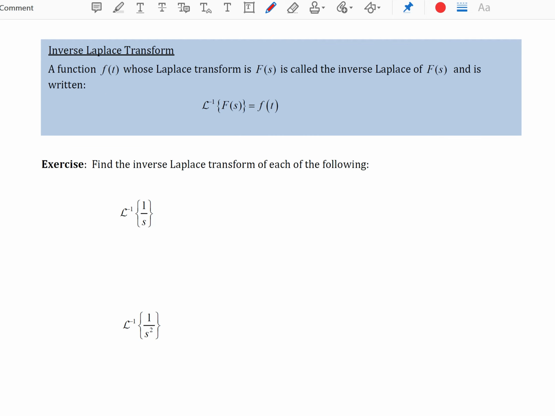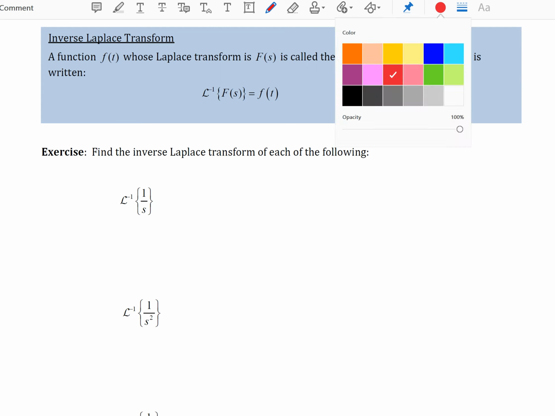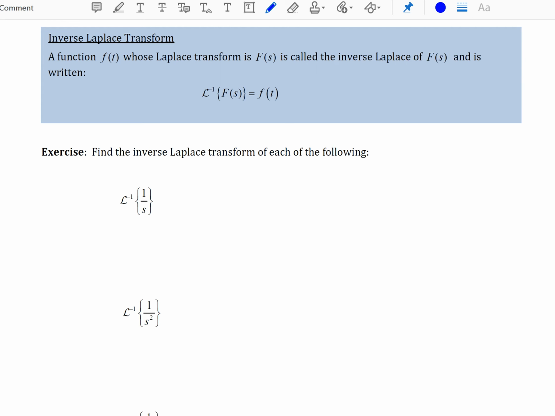And we're on page 9 of your guided lecture notes. The inverse Laplace transform. A function f of t whose Laplace transform is F of s is called the inverse Laplace of F of s. Or to put it another way, if I give you a function F of s, I want to apply the inverse Laplace transform to come back with our function f of t.